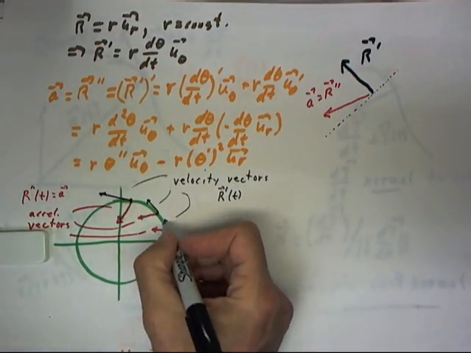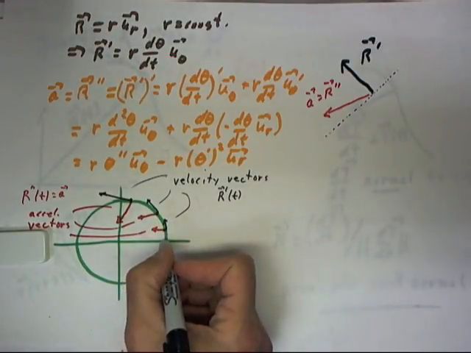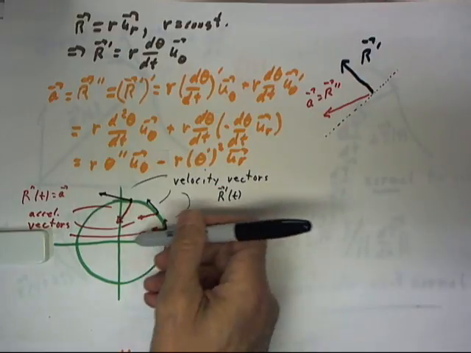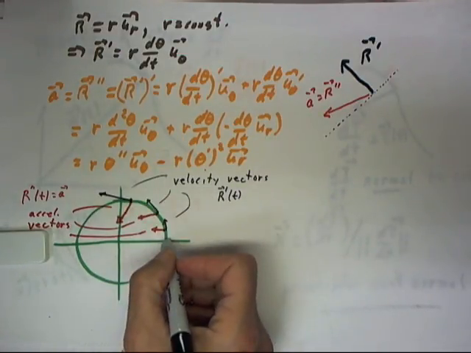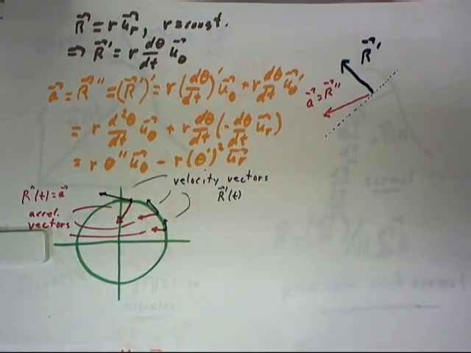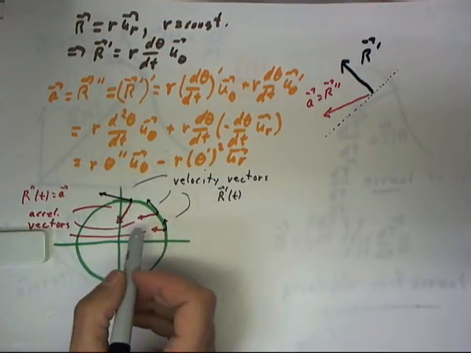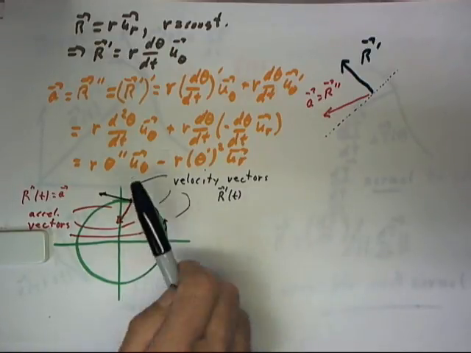Now, if they're changing in magnitude, and if the point moving around the circle is constantly being accelerated perpendicular to the circle, and anytime we have an arc, we have an acceleration component perpendicular to the arc, a normal component of the acceleration, then our acceleration vectors might look something like this.